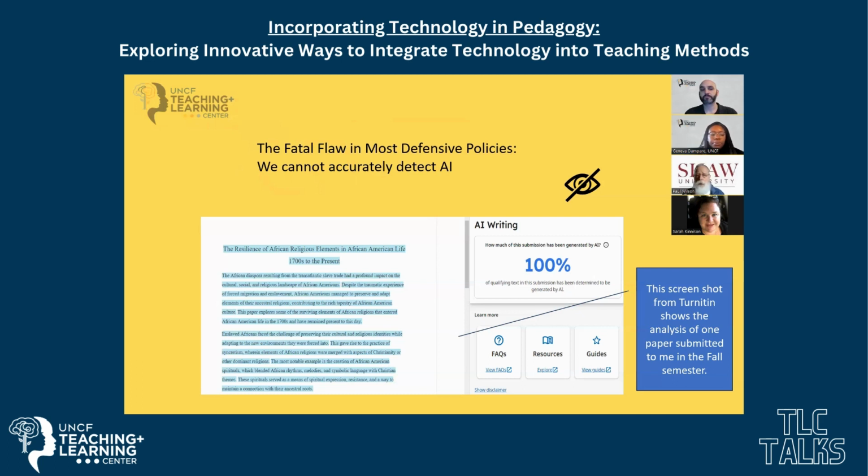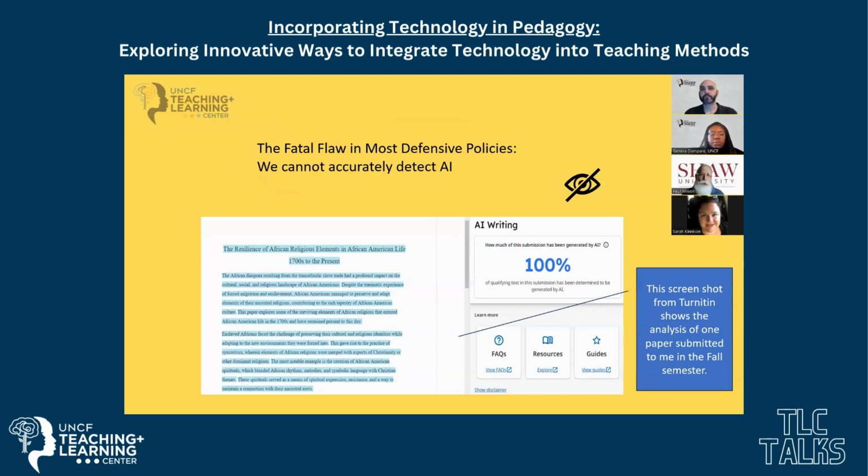You can see here on the screen a fatal flaw in most defensive policies. This fatal flaw is we cannot accurately detect AI. So we're going to get a lot of false positives. If I approach students and am engaged with them over a false positive, that's my responsibility, and that's a failure on my part.